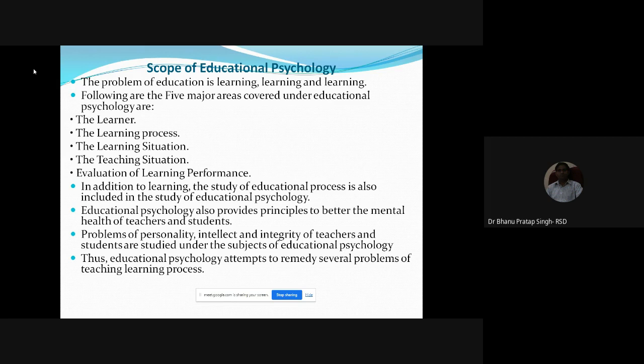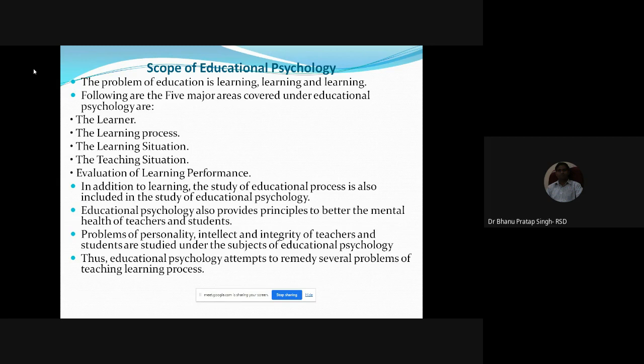The learner should be able to learn, the teacher should be able to teach, and the teacher should be aware of the teaching methodology, how to teach. And the last one was for the teaching learning process, the environment also plays a very important role.